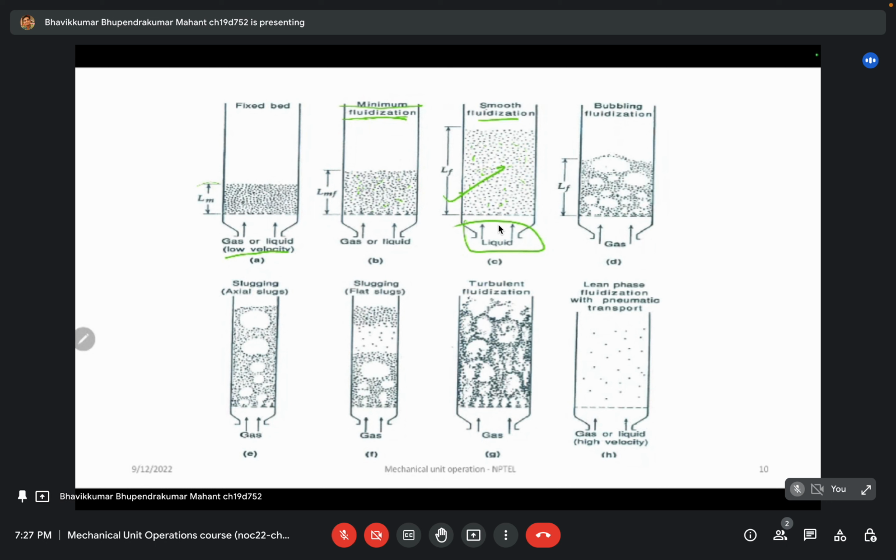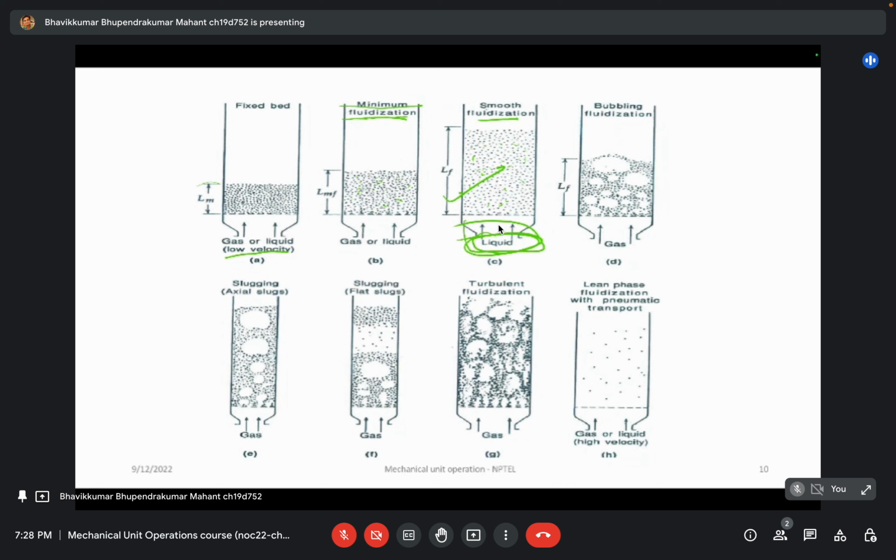That is known as smooth fluidization. But why is it happening? It only happens in the presence of liquid, because liquid has a molecular configuration that is not much apart. They will mix the solid particles in between them, and you can see constant, uniform fluidization occur. It is also known as smooth fluidization.